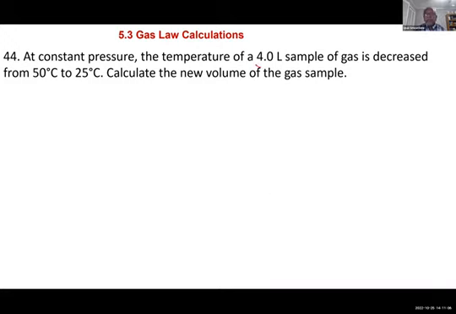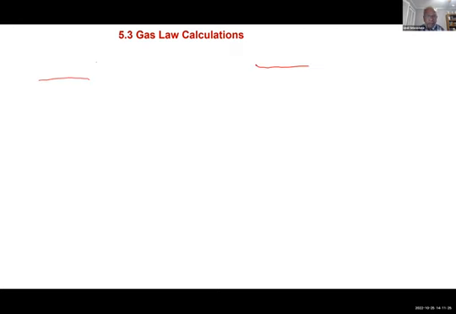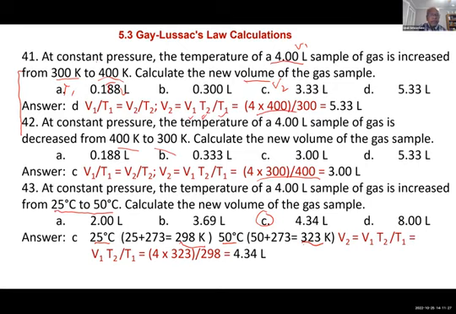Liter of sample, constant pressure and temperature. Constant pressure. The temperature change from 25 to 50. This is similar to the problem we did before. If you look back at it, this is 25 to 50.